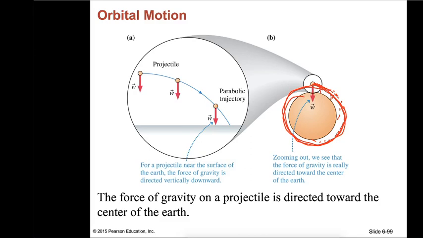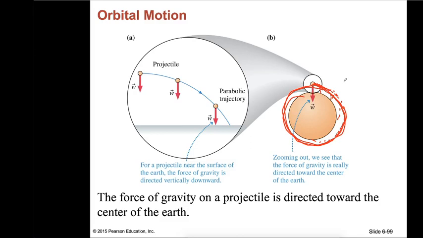So this is the mechanism of launching a satellite. The satellite is always in free fall. It's like you're throwing the satellite with a very high initial velocity, so that when the satellite is falling, it makes a very long trajectory, and finally it becomes an enclosed trajectory, and then it keeps going in an orbital motion.